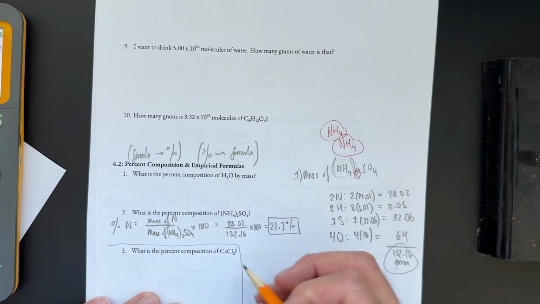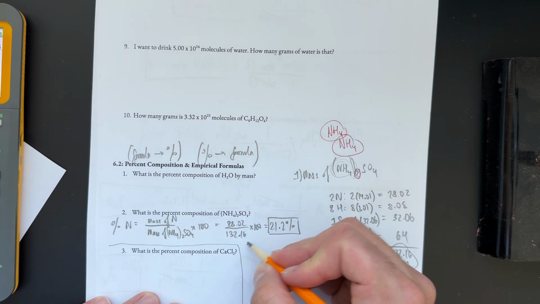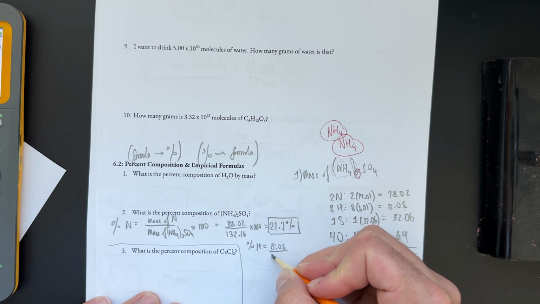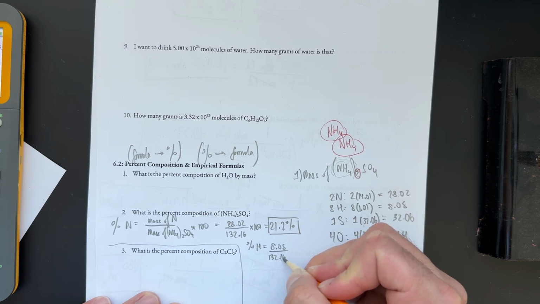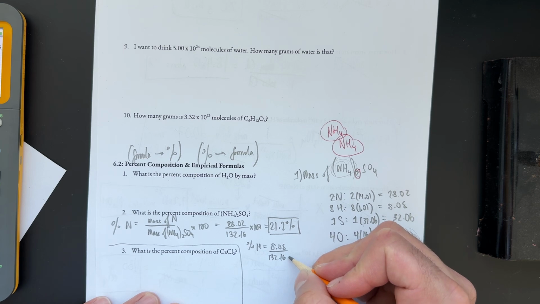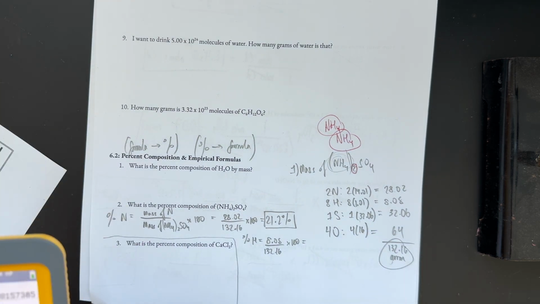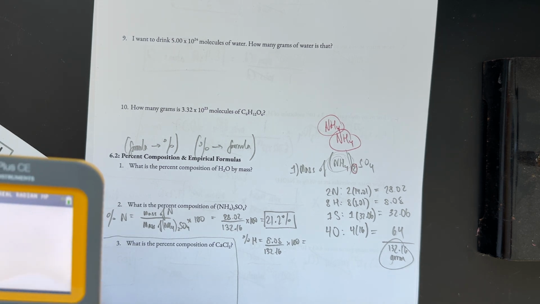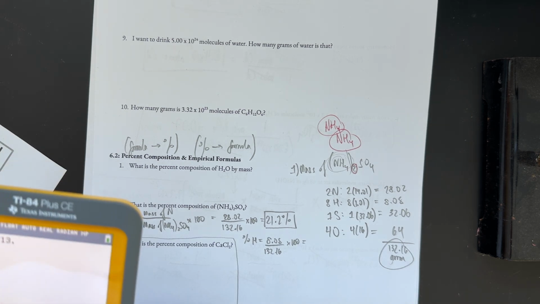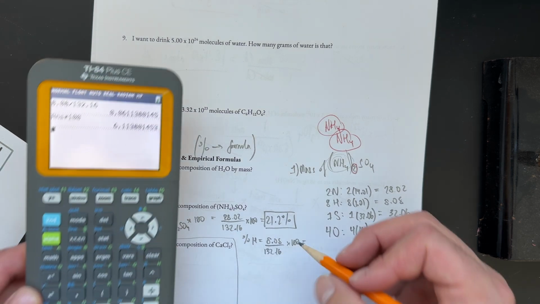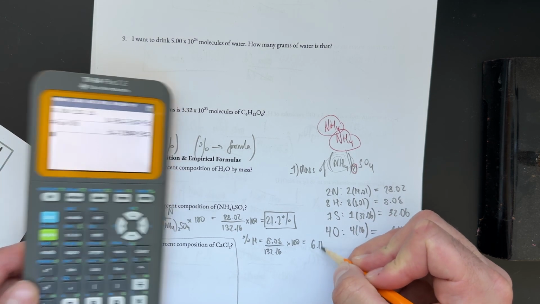So I'm just going to make myself a little bit of space here, saying, okay, percent hydrogen is going to be 8.08 over 132.16 times 100. It's going to be 6.11%.